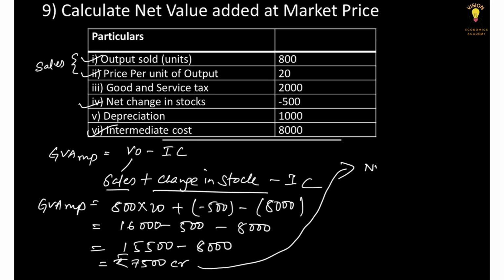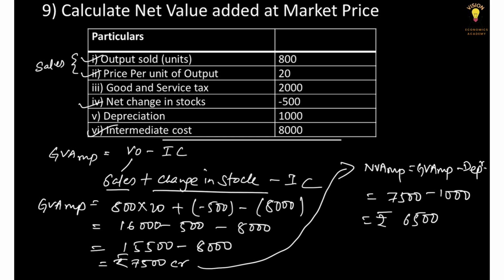So NVAMP is GVAMP minus depreciation, which is 7,500 crores minus 1,000, which is rupees 6,500 crores. Therefore NVAMP is rupees 6,500 crores.